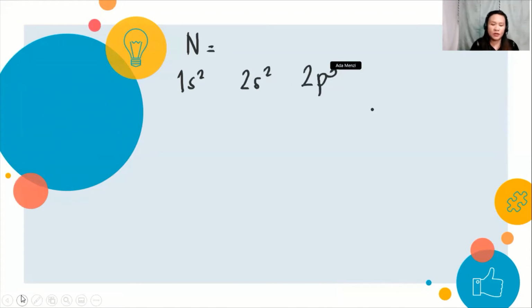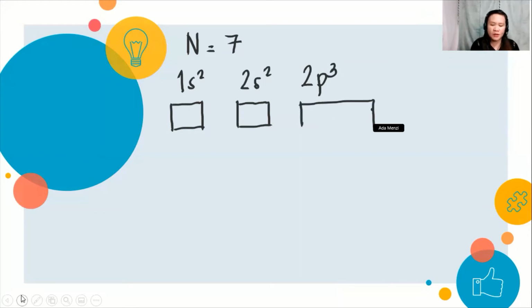How many electrons does nitrogen have? We have 7 electrons. Now that we have written its electron configuration, the next thing we do is draw boxes. We have one box for 1s, one box for 2s, and for p, we have 3 boxes because it has 3 orbitals.